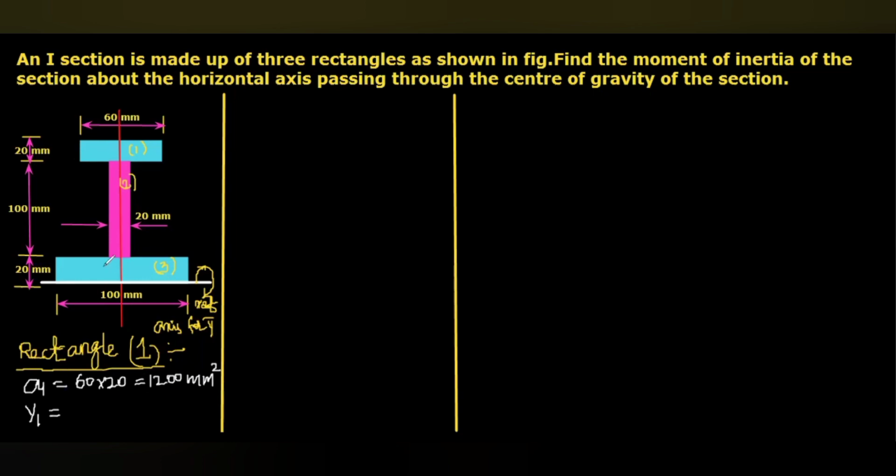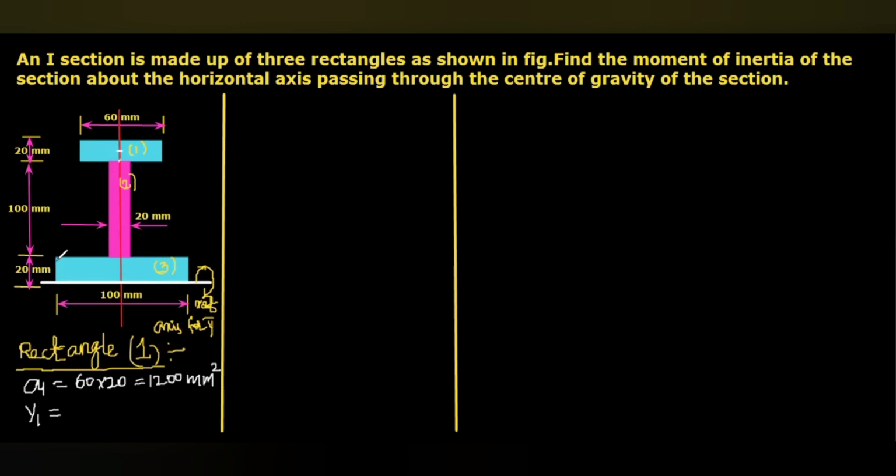Then y1. Here you can see the CG of the first rectangle will be probably here, that is CG1. It is 20 by 2 from this point. But we need the distance from the reference line, the bottommost line.